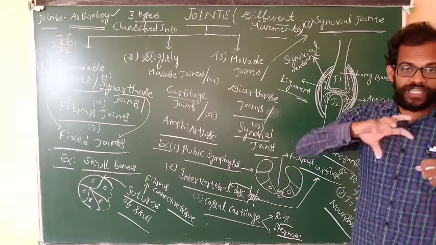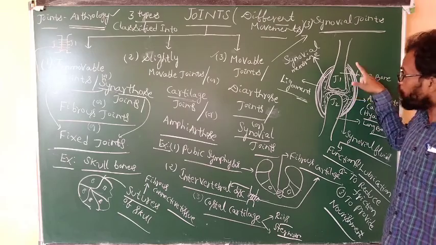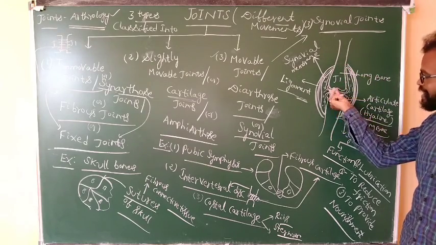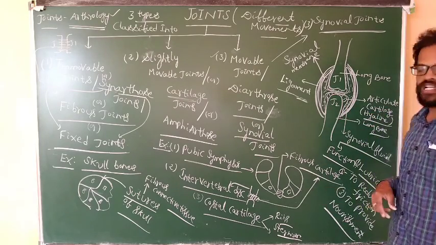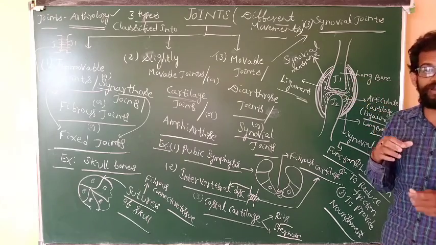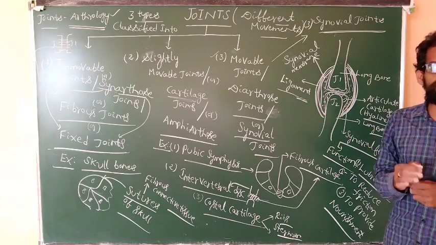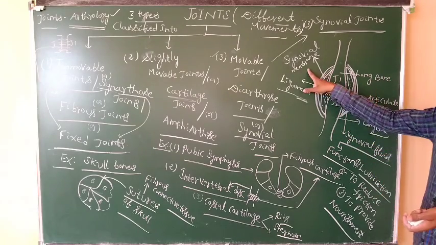These synovial joints are easily movable. The first one is known as a long bone. Both are long bones, and the end of the long bones consists of articular cartilage. With this articular cartilage, the two bones are joined with the help of a ligament. Inside the ligament, there is one important synovial membrane.